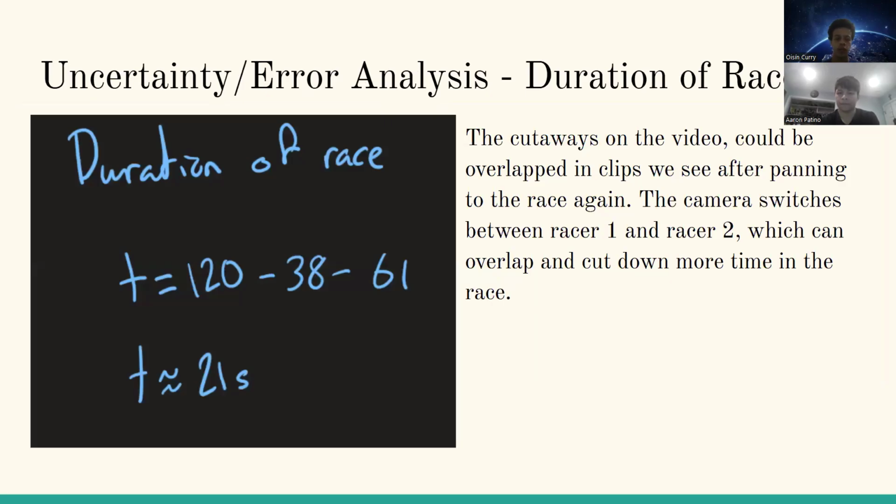For our uncertainty and error analysis, because of how many cutaways and overlapping clips there are in the video, where it cuts from racer 1 to racer 2, we could cut down about 61 seconds, along with the 38 seconds until the start of the race. So the race could actually be up to 21 seconds.